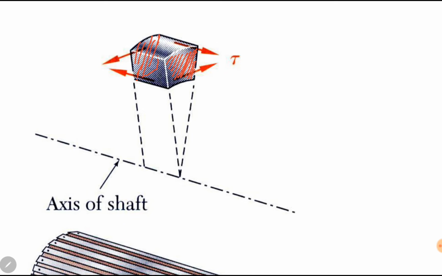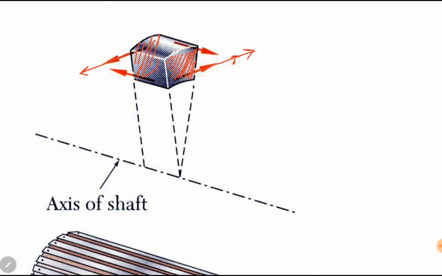Now, if we look at this shear stress and this shear stress from the top view, they are producing a counterclockwise rotation. This counterclockwise rotation must be balanced by a clockwise rotation in order to keep the equilibrium or to satisfy the equations of equilibrium.